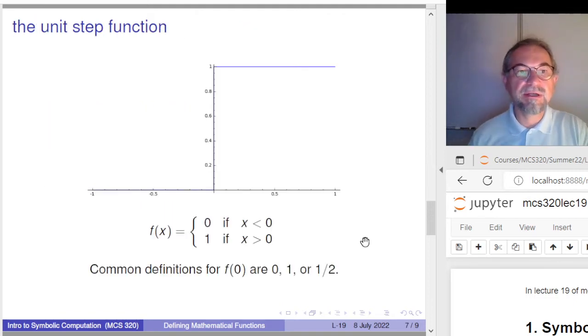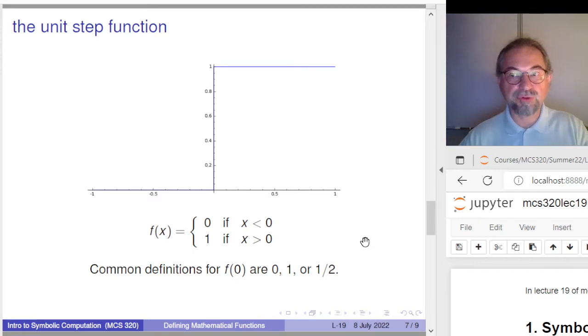Okay, so then step functions are discontinuous functions. Here is one prototype, the unit step function. It takes only two values, so you could also consider it as a switch. It's either off, 0 for all negative values, or 1 for all positive values.